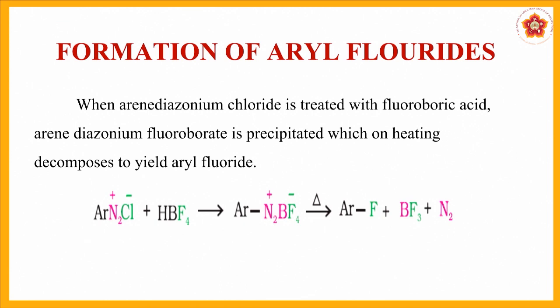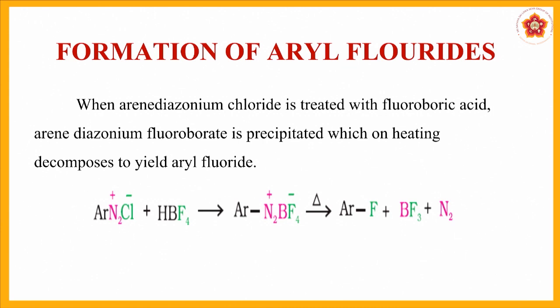Fluorine is very reactive, and therefore we react this benzene diazonium chloride with fluoroboric acid, which is nothing but a combination of fluorine and boric acid, a combination of boron and hydrogen.